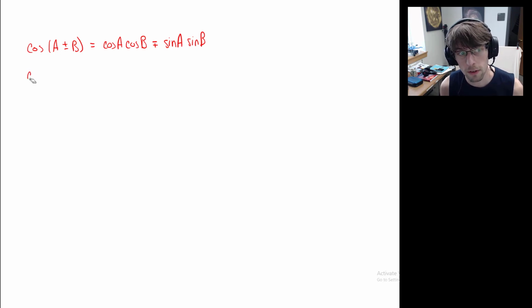Which means if I have the cosine of pi over 2 minus theta, that's equal to the cosine of pi over 2 cosine of theta plus, so notice I have the minus sign, which means I have to take the plus sign now, right? Whatever the bottom sign is, you use the bottom sign.